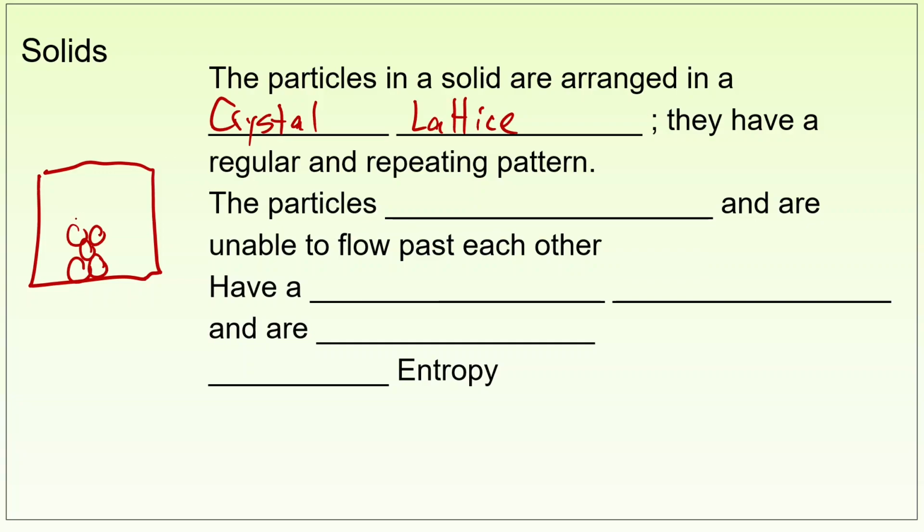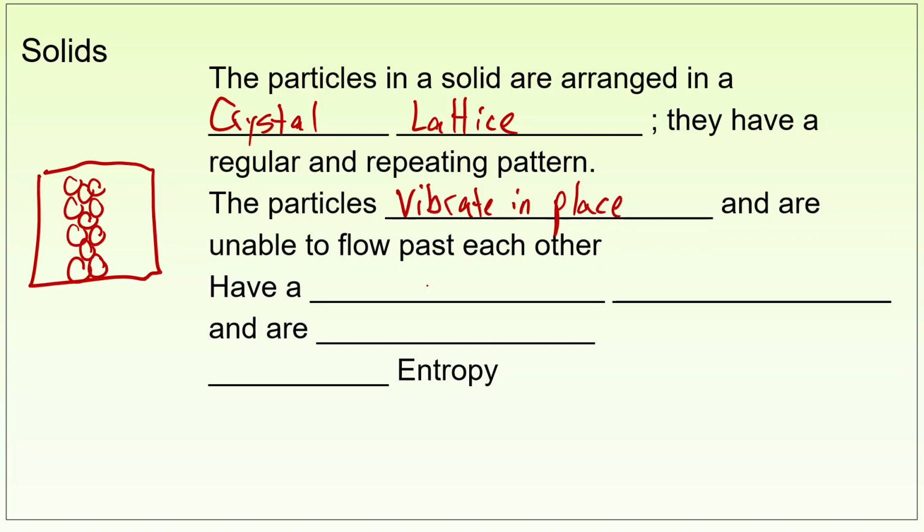So you can see, hey, this is the pattern I'm going with, and it's always going to be in that pattern. It's a solid. How do they move? Well, they can't flow like liquid particles, and they aren't spread out like gas particles. What they do is they vibrate in place. So they don't move in relation to each other, but they're all kind of shaken together.